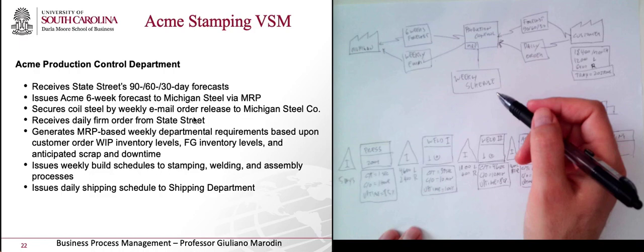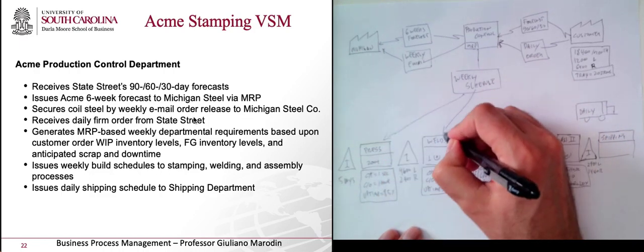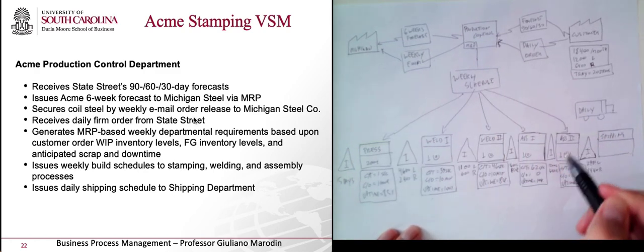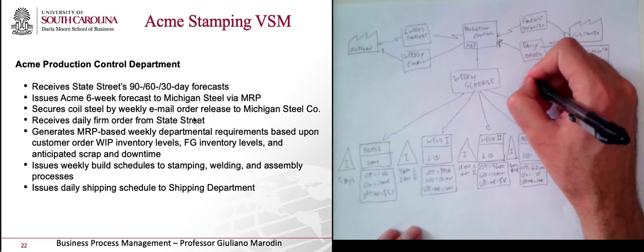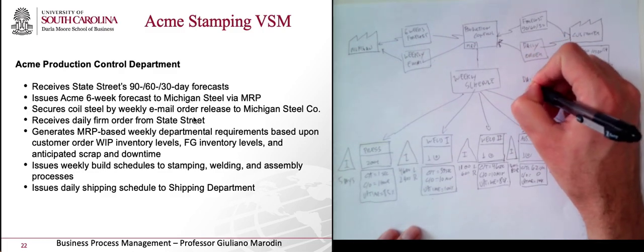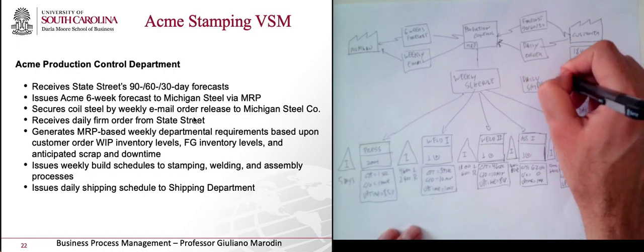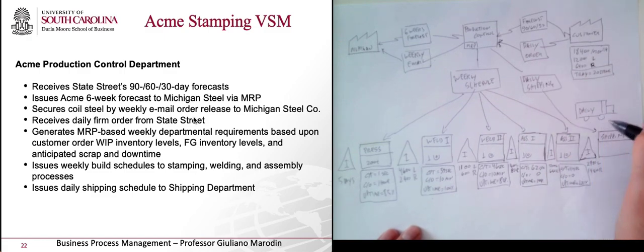And then this weekly schedule is sent to the production processes. And also, we have a daily shipping information that comes from this daily order, sending here to shipment so they know what to ship to the customer.